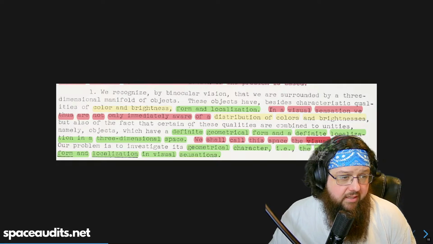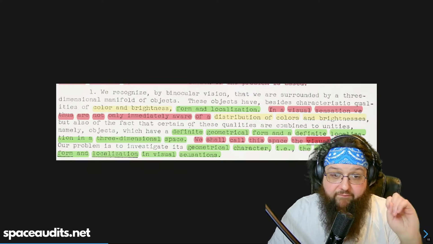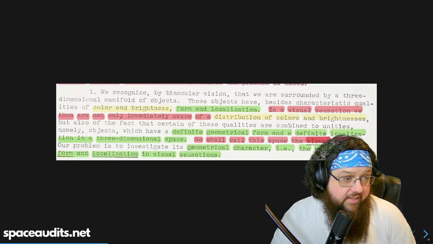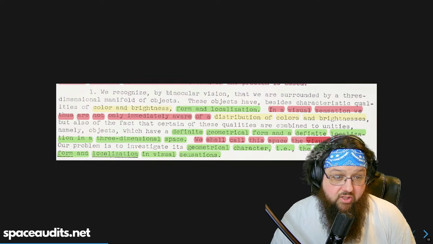So let's see. We recognize that by binocular vision we are surrounded by three-dimensional manifolds of objects. These objects, besides characteristics, qualities of color and brightness, have form and localization. So they have shape and they have a physical location in three-dimensional space. In the visual sense, we are thus not only immediately aware of the distribution of the colors and brightness.